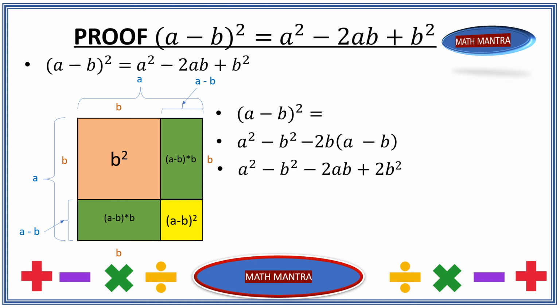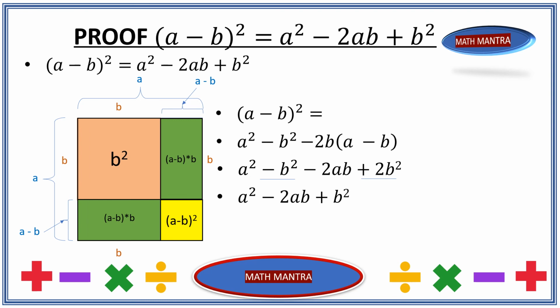But we have a negative sign outside and a negative sign inside, so negative, negative, positive. So it will be a square minus b square minus 2ab plus 2b square, right? Now minus b square and plus 2b square will essentially be plus b square. So now the answer will be a square minus 2ab plus b square.